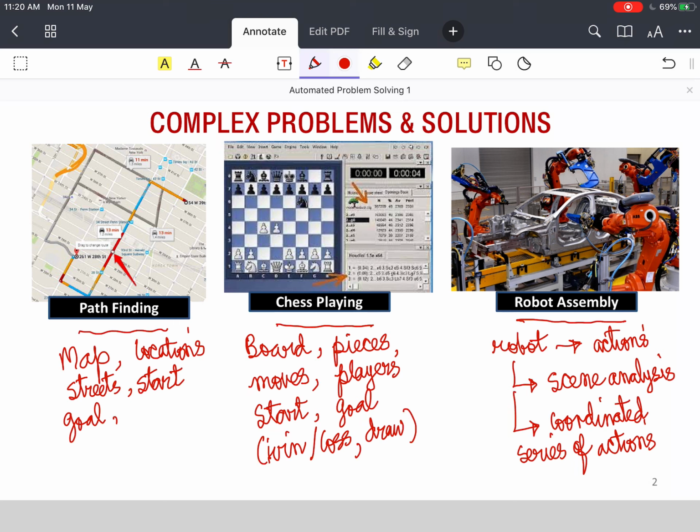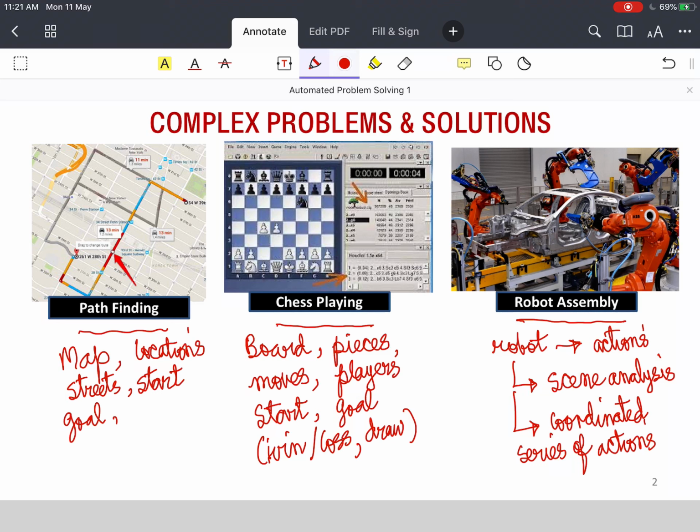In the pathfinding problem, you can only move along streets, and then there are more details about street congestions, whether a road is blocked, etc. In the chess playing program, you have valid and invalid moves, moves that are only valid moves can be done. And in a robo assembly, you have a full series of coordinated actions.